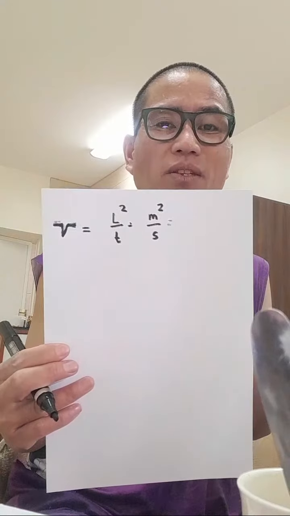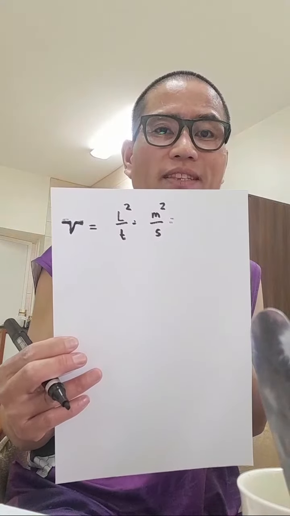If you transpose or move the seconds into the numerator, it will become second to the negative one by the laws of algebra. So class, square meter per second, or m² s⁻¹, is the unit of kinematic viscosity.